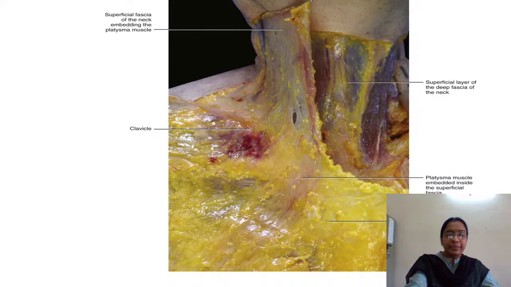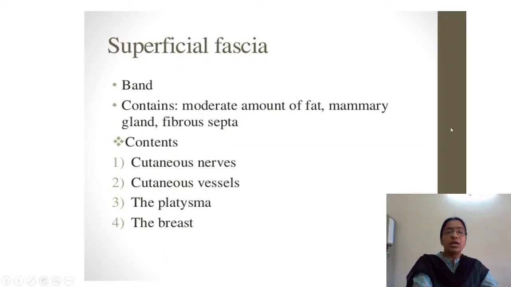The superficial fascia consists of a moderate amount of fat along with the modified sweat gland, which is called the mammary gland, and some septa called fibrous septa. So the superficial fascia is made up of a moderate amount of fat, and within its content there is a modified sweat gland.